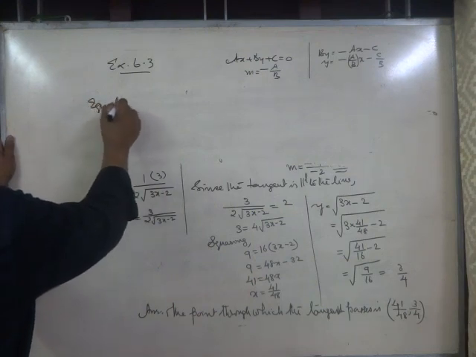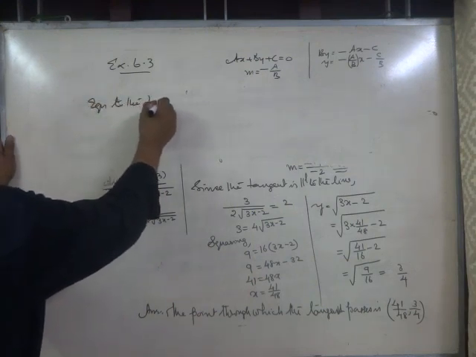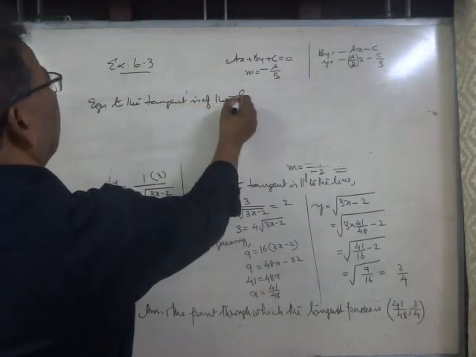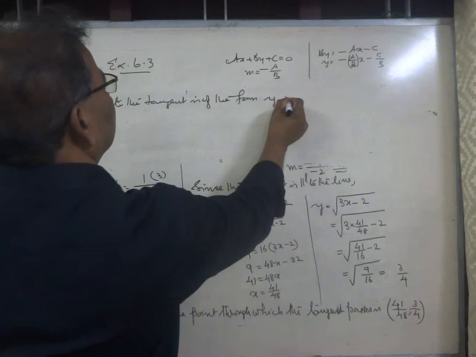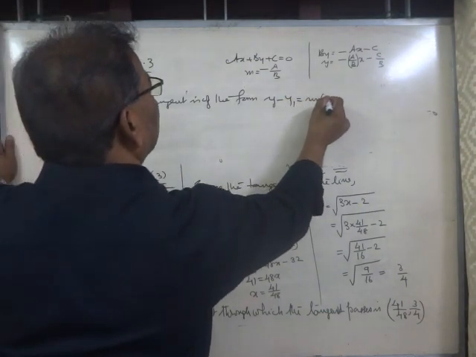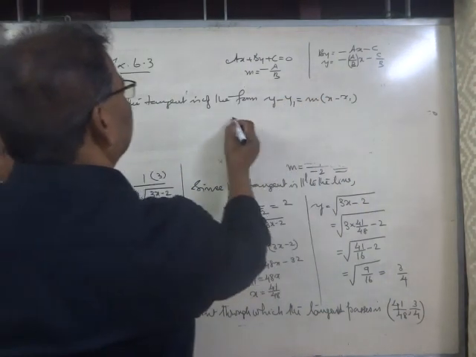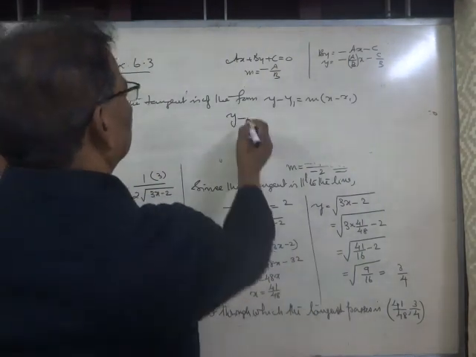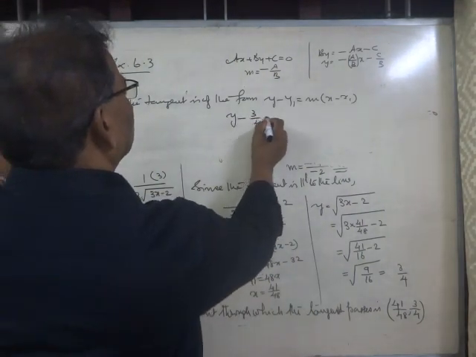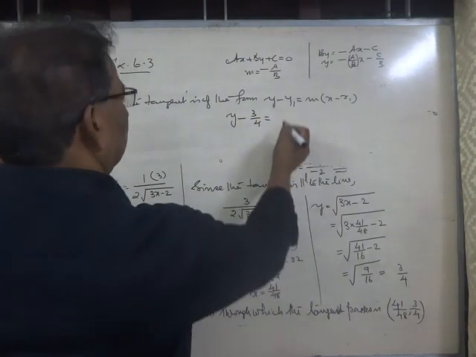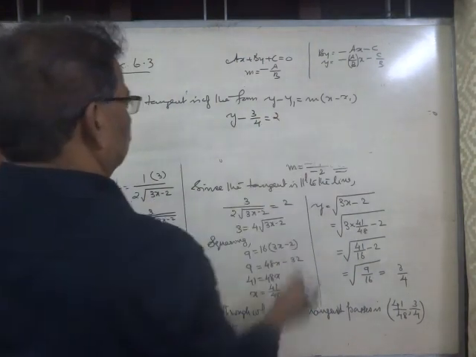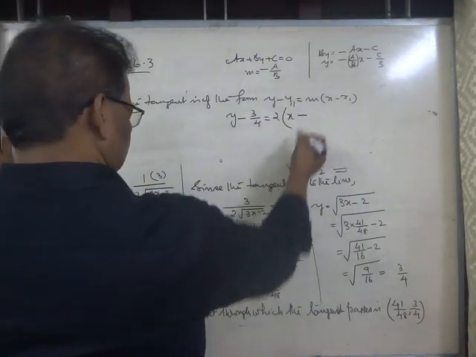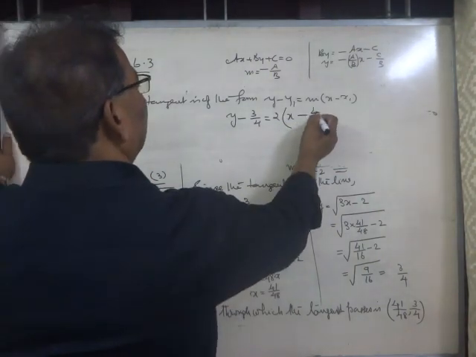Equation to the tangent is of the form y minus y1 is equal to m into x minus x1. That is to say, y minus 3 by 4 is equal to m, that is 2, into x minus 41 by 48.